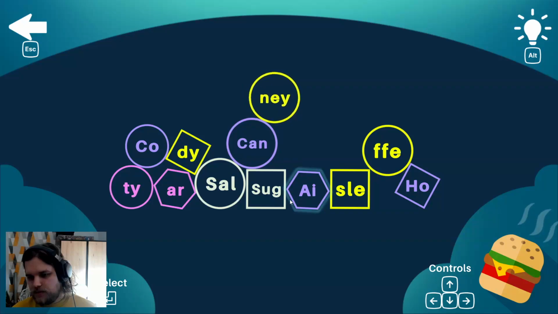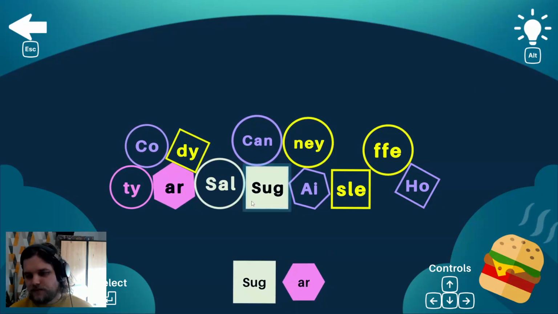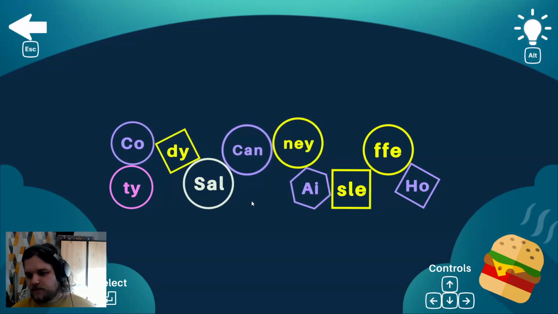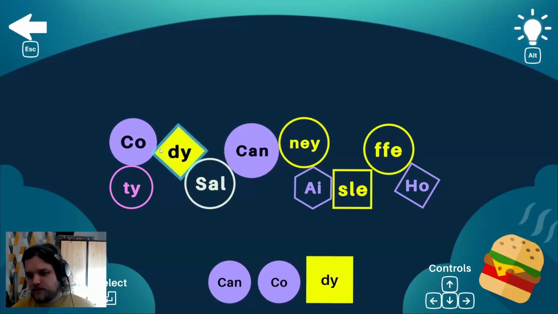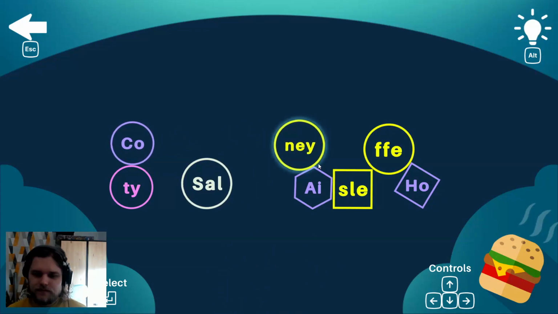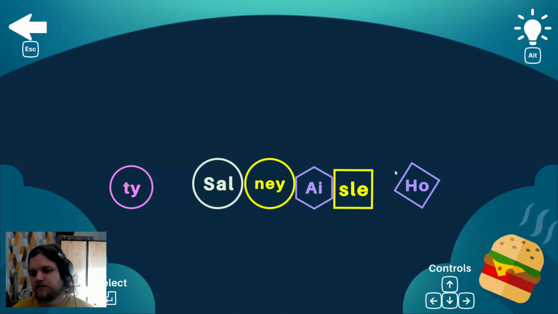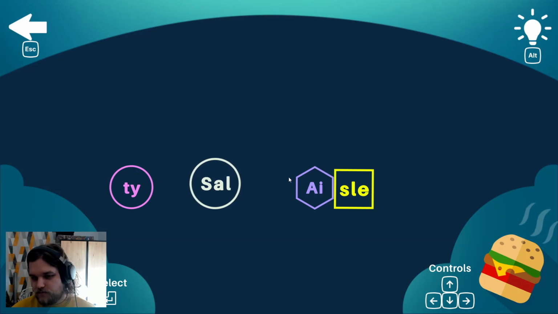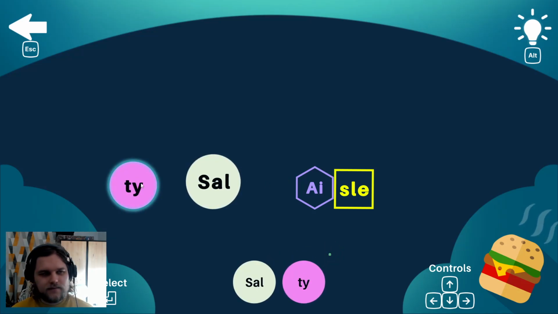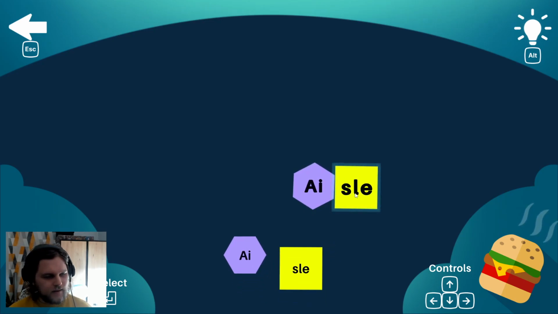This one maybe. That's sugar. Candy. Coffee. Honey. Maybe salty. Isle.